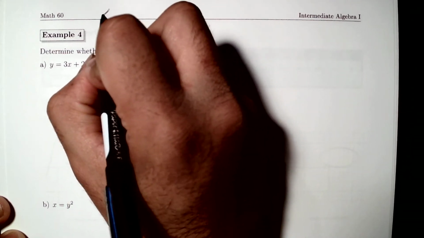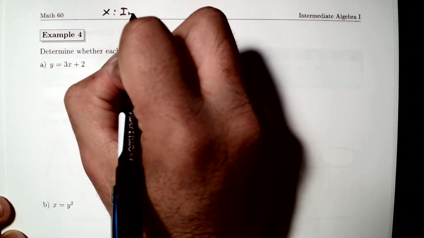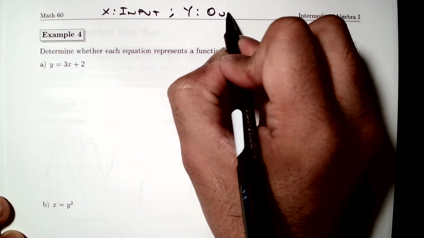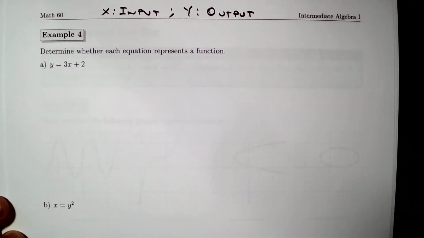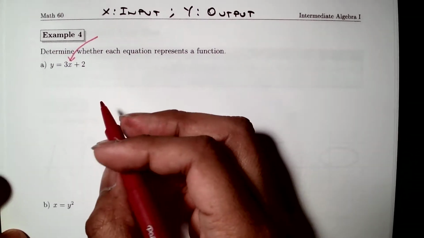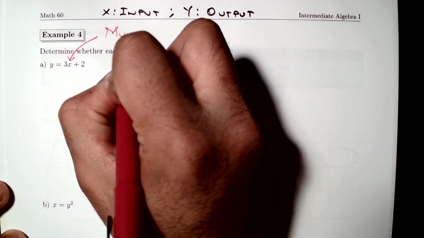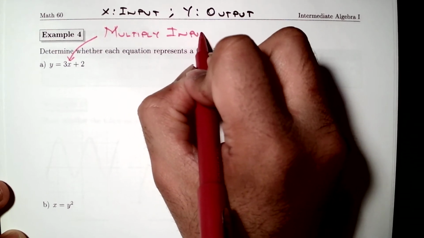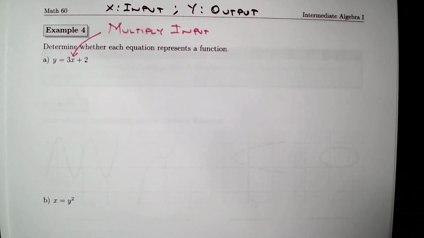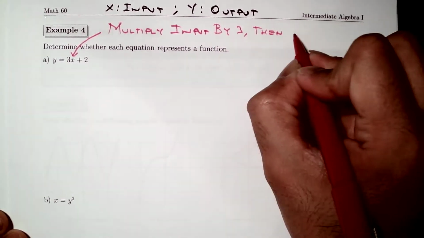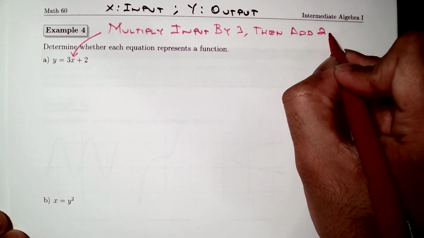So x is the input and y is the output. Okay, x is the input, y is the output, and in particular this equation is describing the following: multiply the input by 3, then add 2.